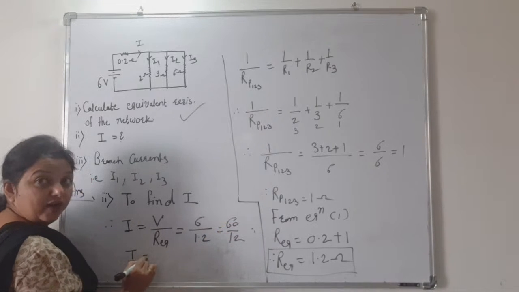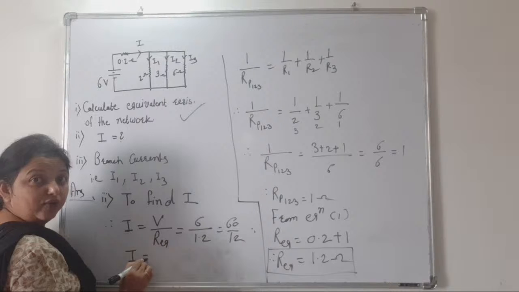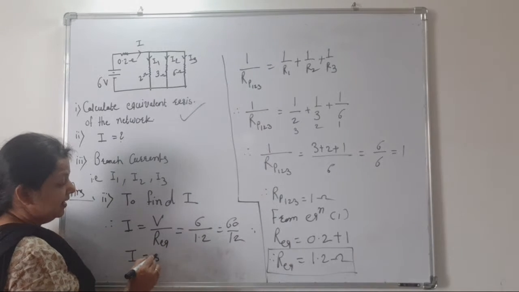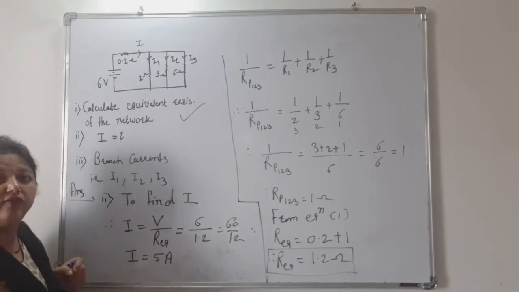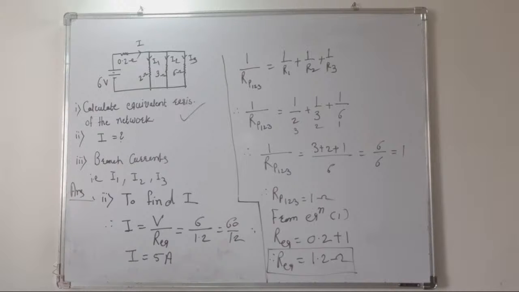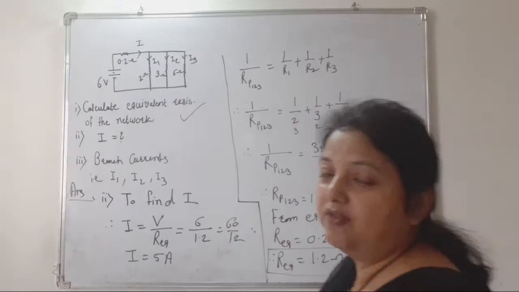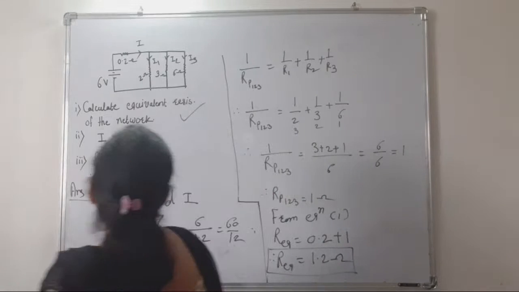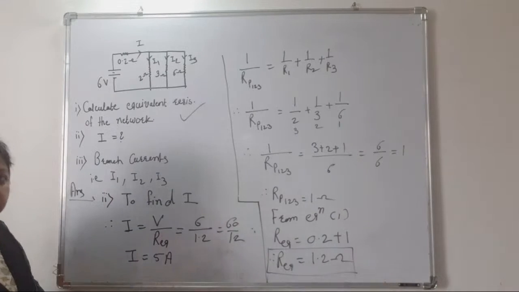Therefore, I equal to, is it visible? I equal to 5 ampere. Answers are also given in your textbook. I1 is 2.5 ampere. The value of I1 is 2.5 ampere. Okay, I is equal to 5 ampere.